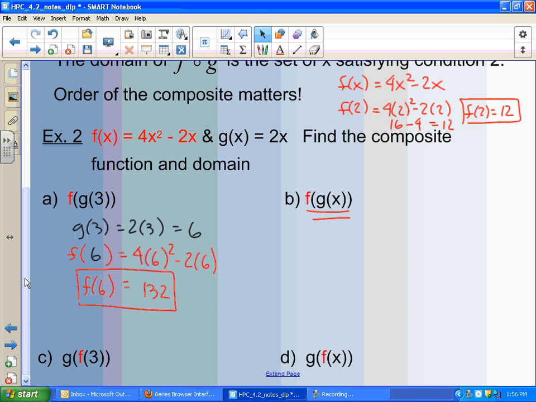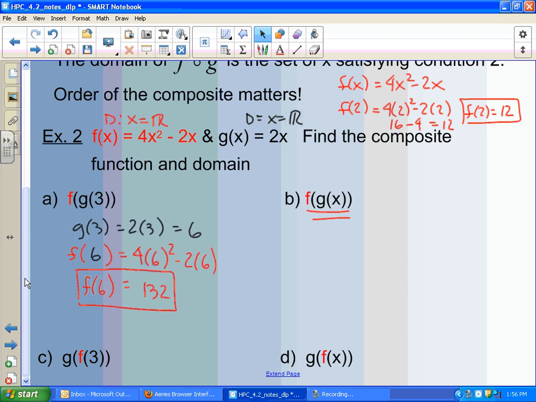Let's go back, and we've talked about this already, but the domains of these individual functions, f of x, we said all reals for the domain. And same thing with the g. So here we get a composite of the two, and we just get a point. So the domain of a single point is just the x.